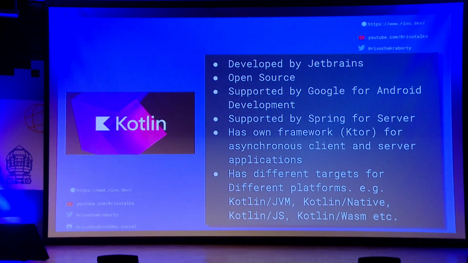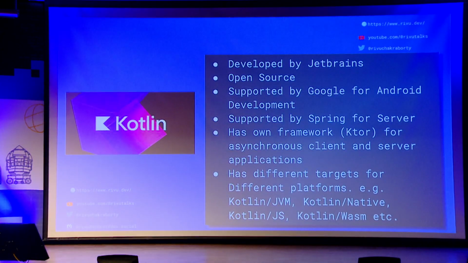Kotlin is created by a company called JetBrains, which creates multiple dev tooling and IDEs, namely IntelliJ, WebStorm, PHPStorm, and there are more. They created Kotlin as a language to develop their IDEs. Kotlin was never meant for or targeted at Android development.